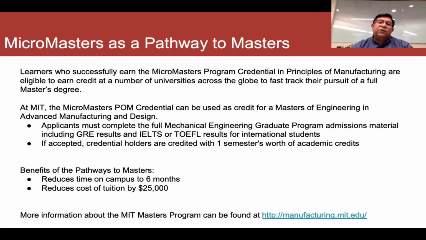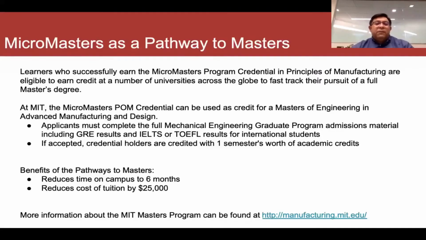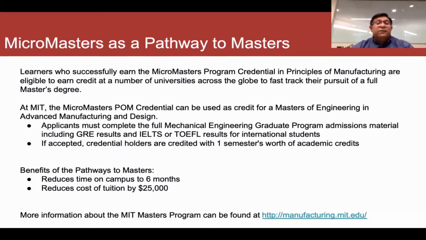Okay. Apologies for that. So I'll repeat the portion about applying to MIT in the Masters of Advanced Manufacturing and Design. The usual application process you still have to go through, which includes the GRE, and for international students, the TOEFL or IELTS, 3 recommendations, and the usual essays in a graduate application.